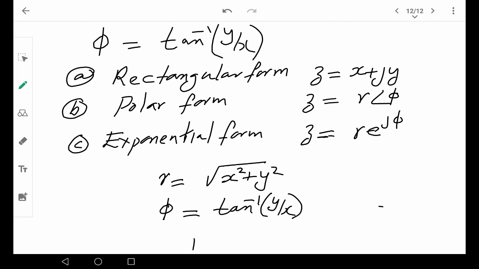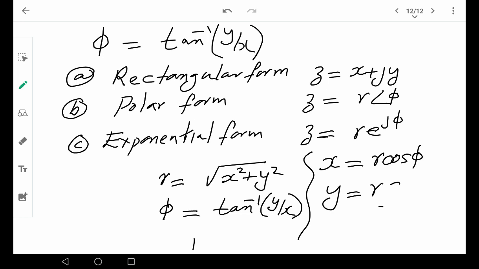And you can find out x and y also from r and phi: x equal to r cos phi and y equal to r sin phi. This is how you will do the conversion between the rectangular and the other forms.